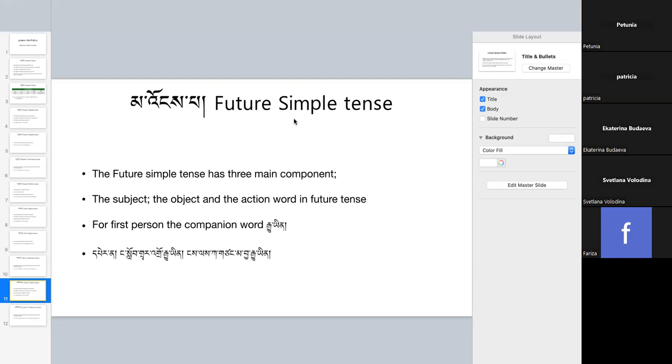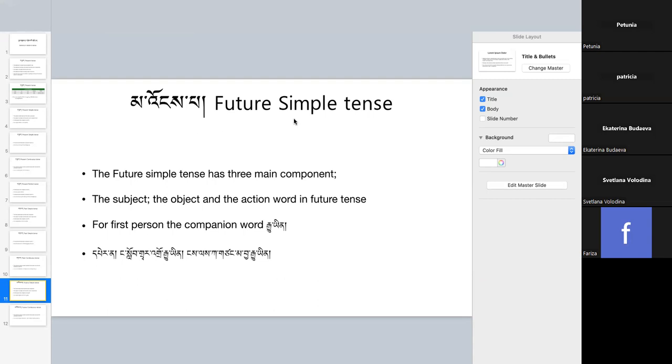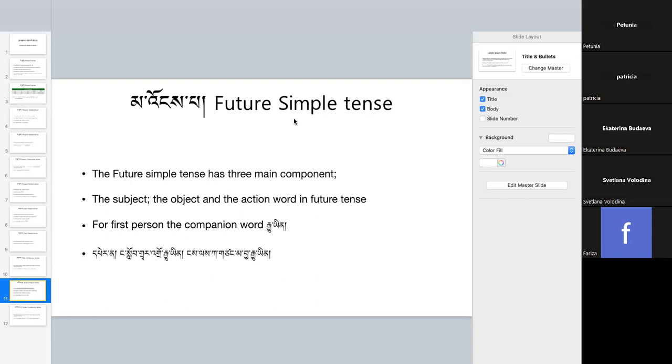And the companion word would be yu yin. Nga lobtar ro yu yin. I will be going to school. Nge leka tsangma cha yu yin. I will do a clean job.